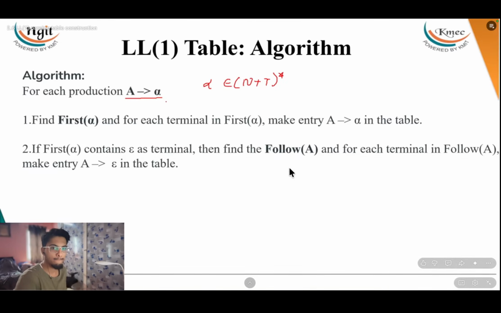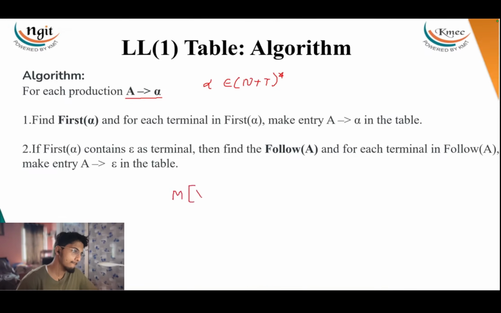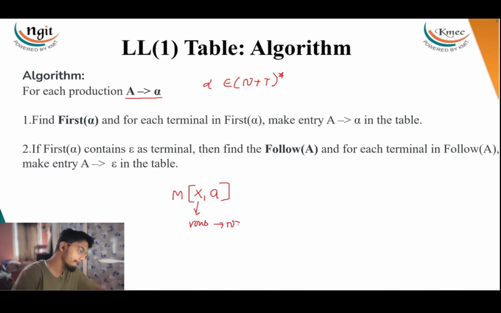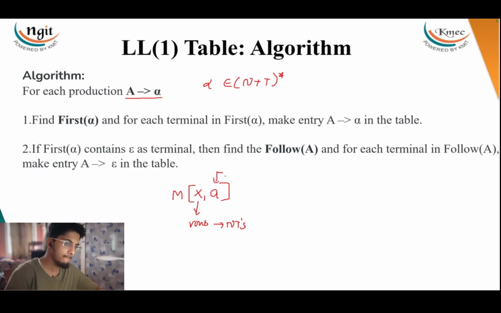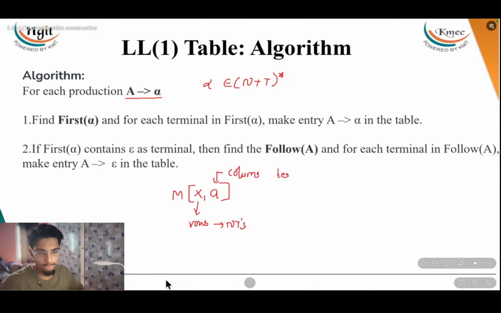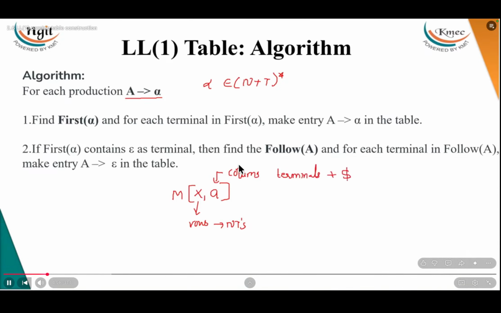We are going to construct the table M[X, a], where X denotes the rows, which are nothing but non-terminals, and a denotes the columns, which are terminals, and at the end it is going to have the dollar, right?